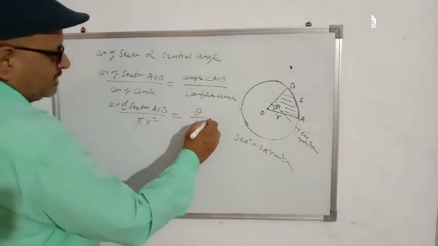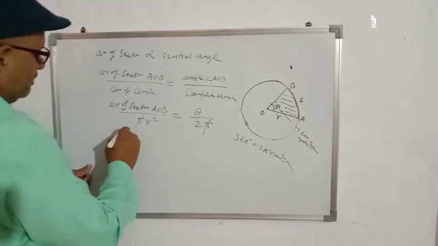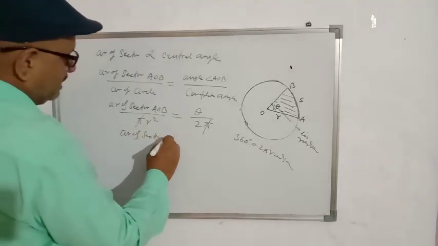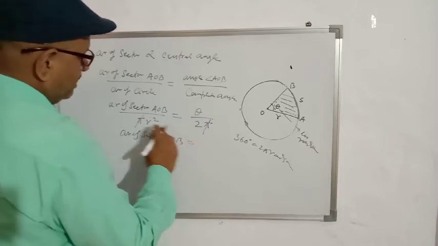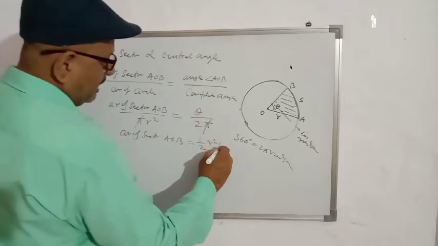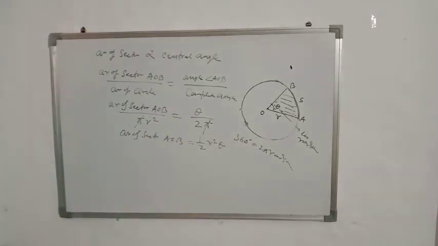So pi cancels with pi. So what will be the area of sector AOB? Cross multiply, it will be 1 by 2 r square theta.